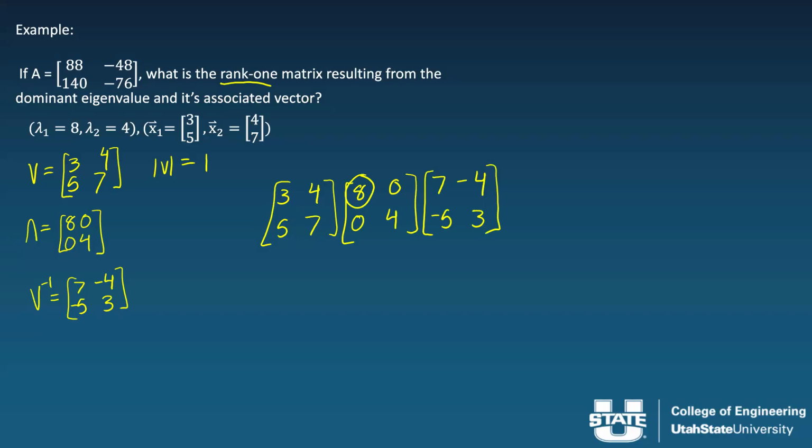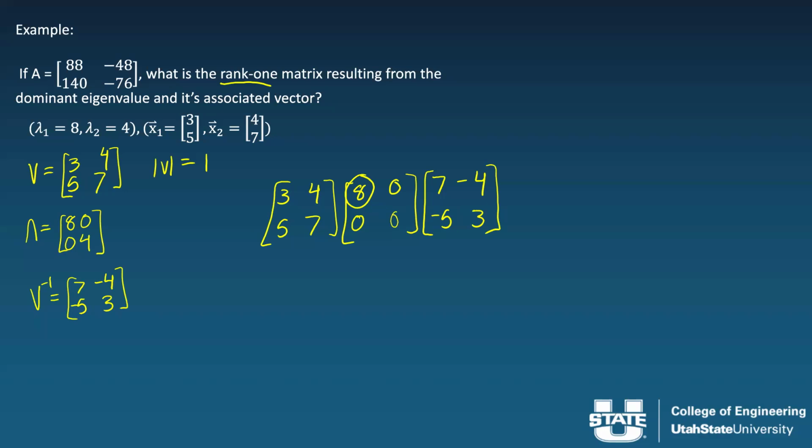So when we do our big matrix multiplication, we're looking only at this one, and this is not going to matter. In that case, a lot of the columns will become 0.